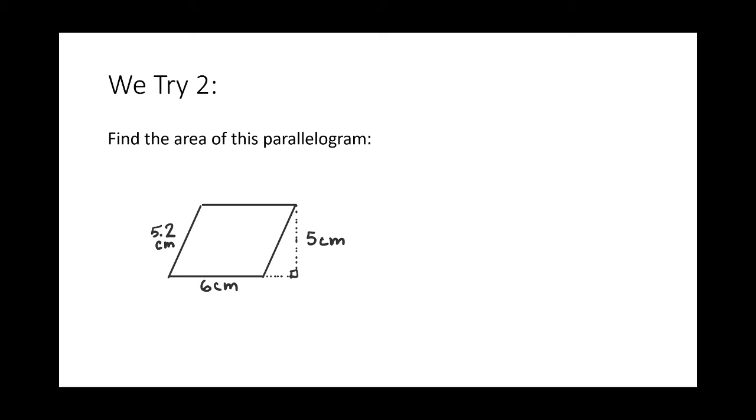So let's try and find the area of this parallelogram. Okay, all we need is the base and the height. The area of a parallelogram is the base times the height, which means we don't need to know this side length right here. We're just going to ignore it. It's there to trick us.